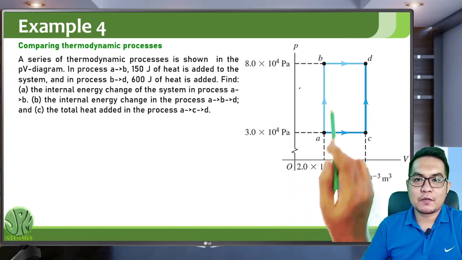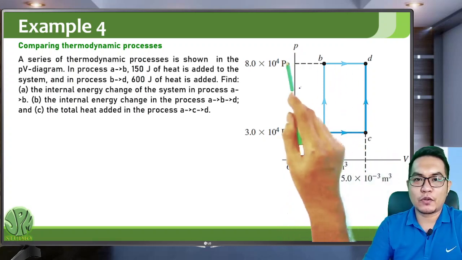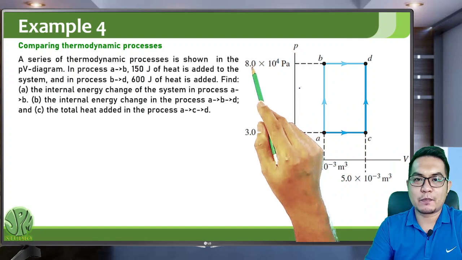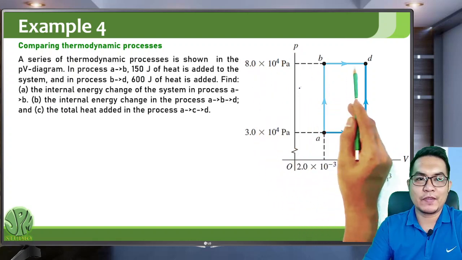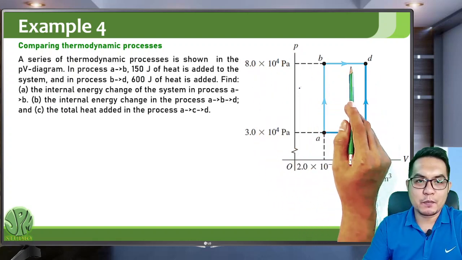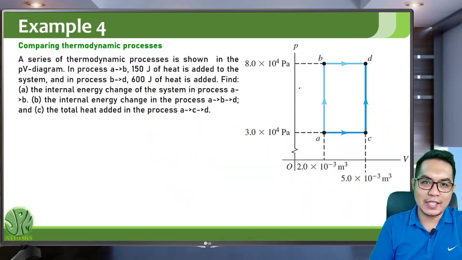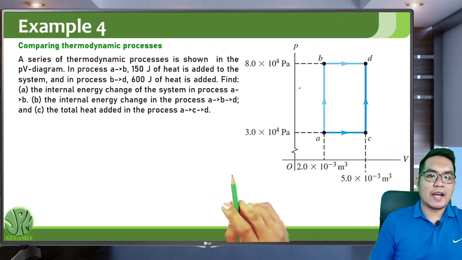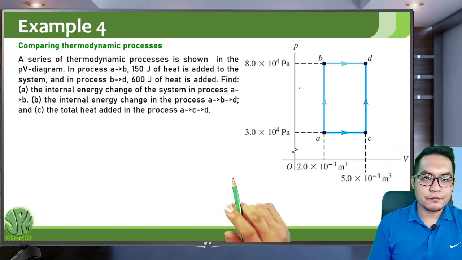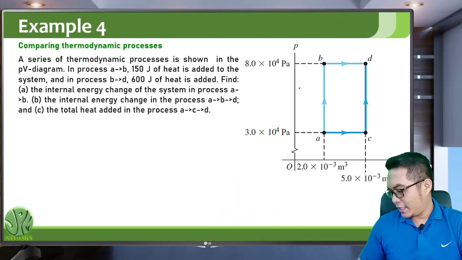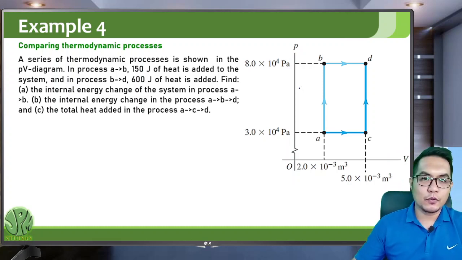The process B to D is at constant pressure of 8 times 10 to the 4 pascals. In this process, 600 joules of heat is added. So the first question is, find the internal energy change of the system in the process A to B.